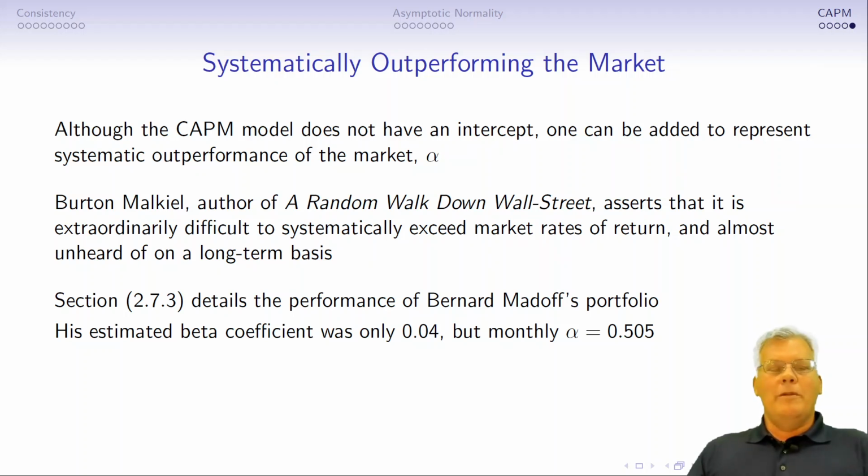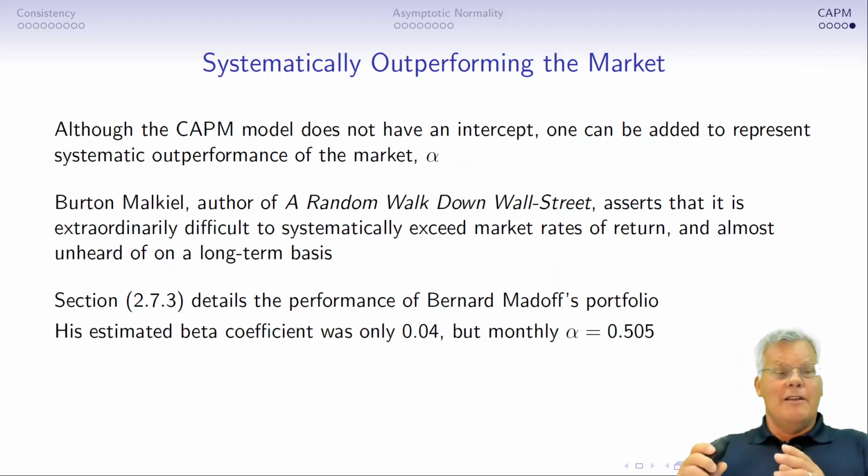Well, when Madoff's portfolio was evaluated using the equation from the previous slide, his estimated beta coefficient was extremely small. What that meant is that the variation in the rate of return on Madoff's portfolio was actually very small relative to the market risk. It was basically like investing your money in an index fund, but the systematic rate of return, alpha, was 0.5.